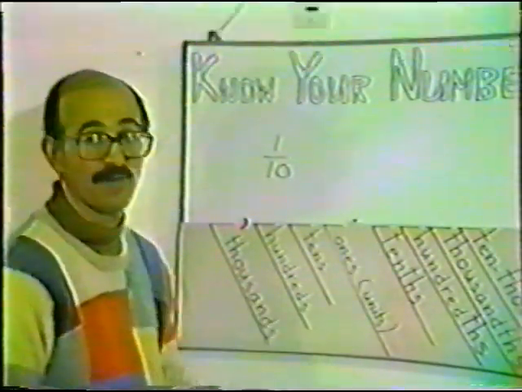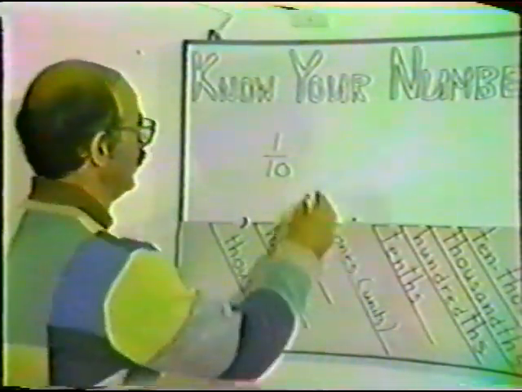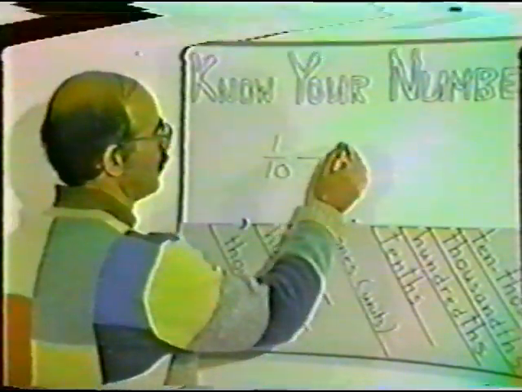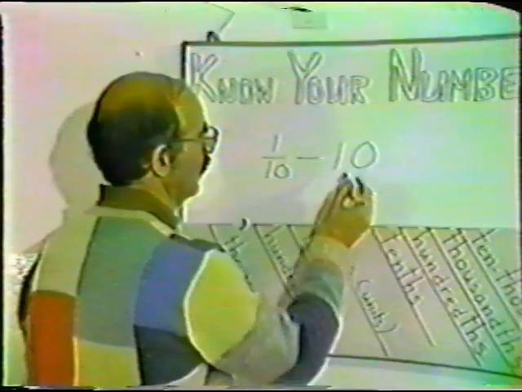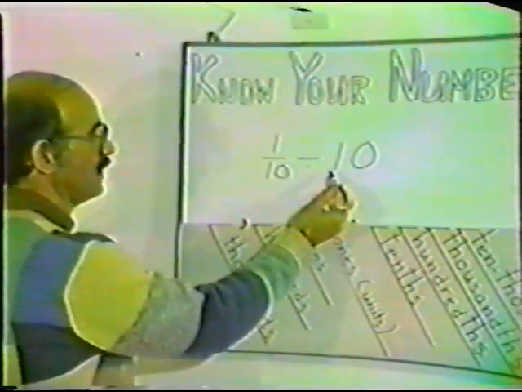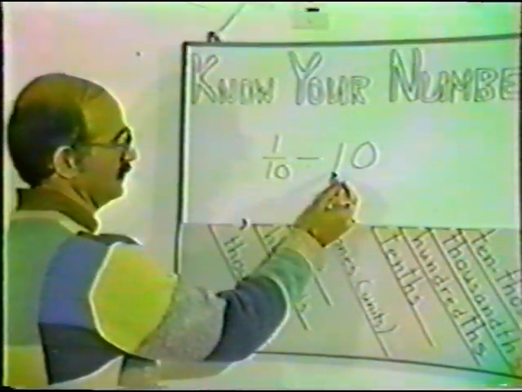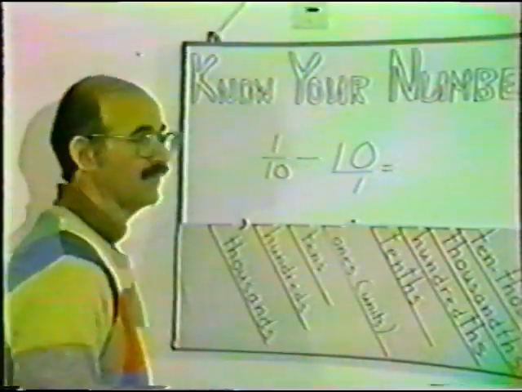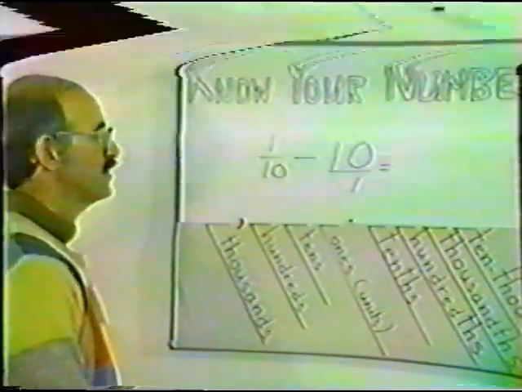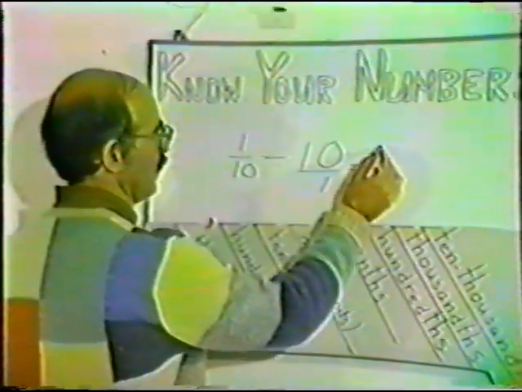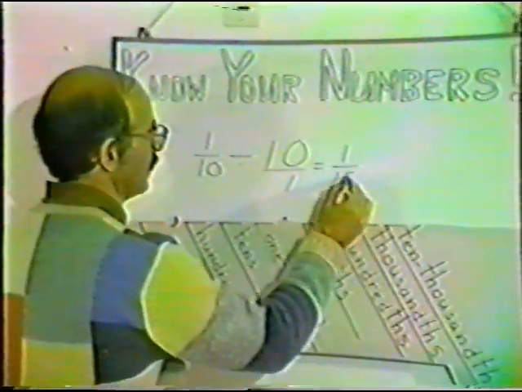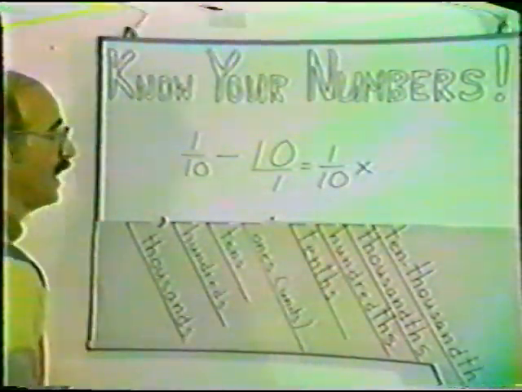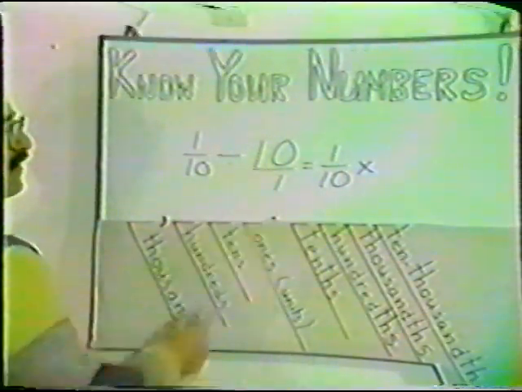1/10 divided by 10. Well, let's find out. What do we do with this 10? Put it over 1. Now, if we're going to divide, we have to change it to multiplication. We keep the 1/10, we change it to multiplication, and what do we do with the 10 over 1?